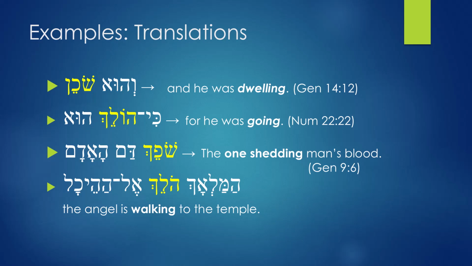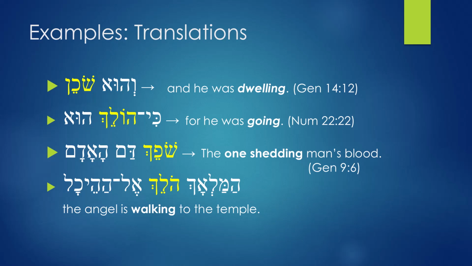Dam means blood. So you have the one shedding blood. Ha'adam means the man. But then you have dam ha'adam, so this is construct: blood of the man. So the phrase is going to be the one shedding the blood of the man.